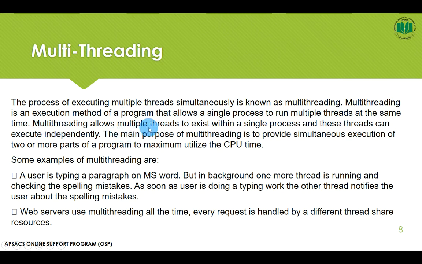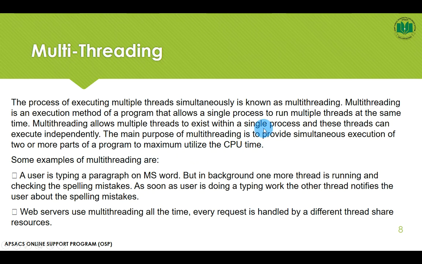Multithreading allows multiple threads to exist within a single process, and these threads can execute independently. The main purpose of multithreading is to provide simultaneous execution of two or more parts of a program to maximize the use of CPU time.